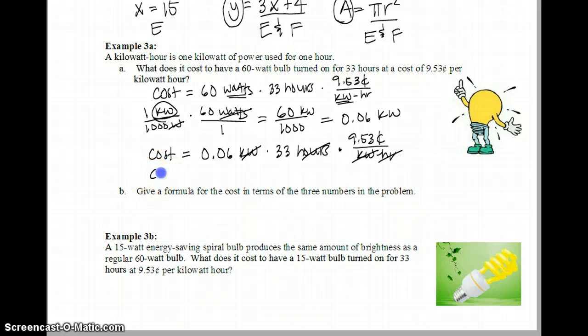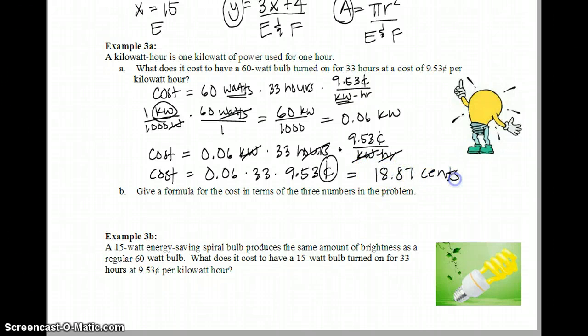We're left with cost equals 0.06 times 33 times 9.53 cents. That's our only unit left, so we know that's what our units are going to be. If we multiply that all through, we're going to have 18.87 cents. That's what it costs to have a 60-watt bulb turned on for 33 hours at a cost of 9.53 cents per kilowatt hour.